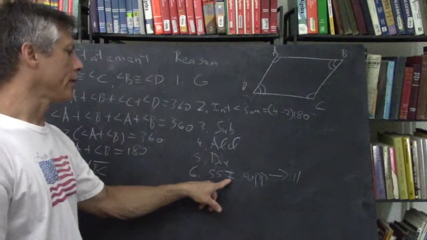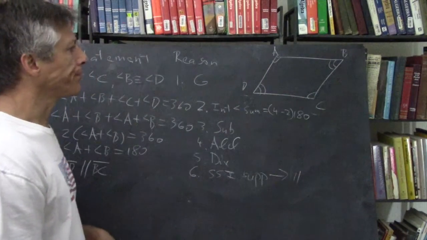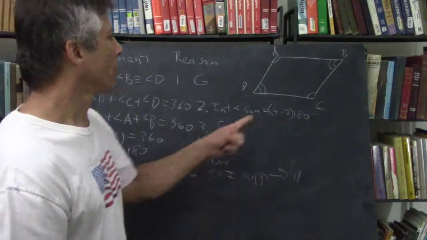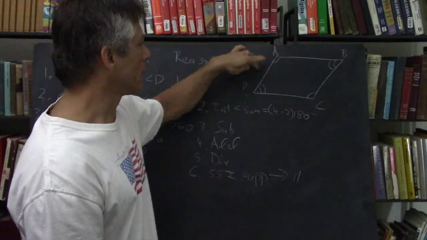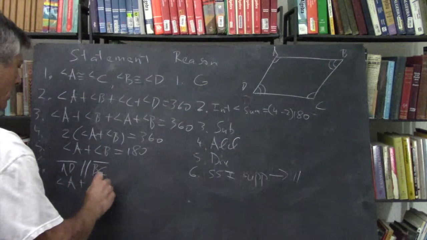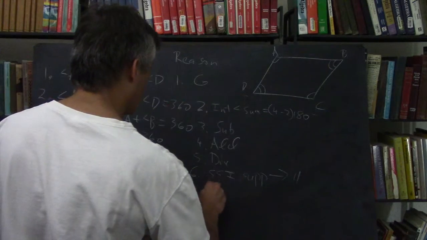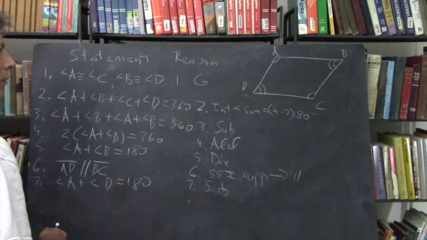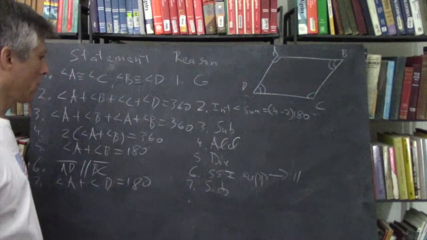When same side interior angles are supplementary, it implies parallelism. Okay, but we're given that these two are congruent, so these also must be supplementary. Angle A plus angle D is 180. Substitution, and therefore AB and DC are parallel.